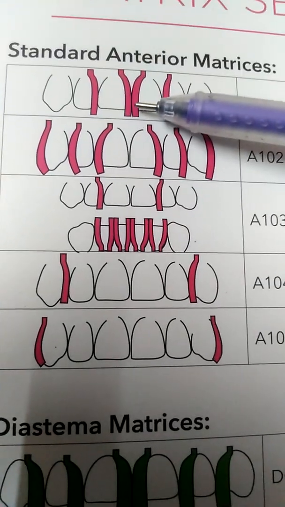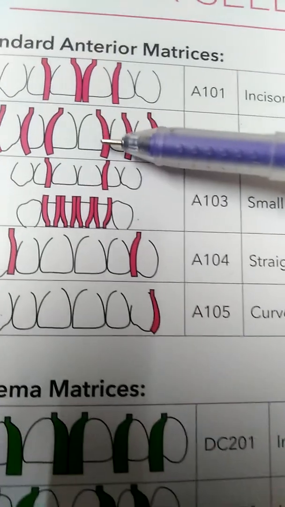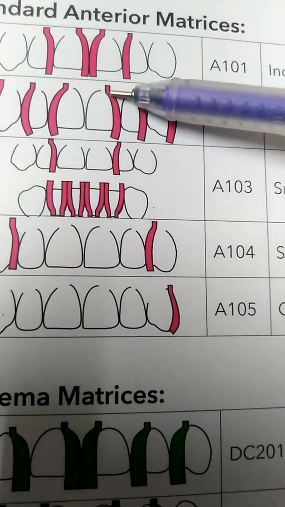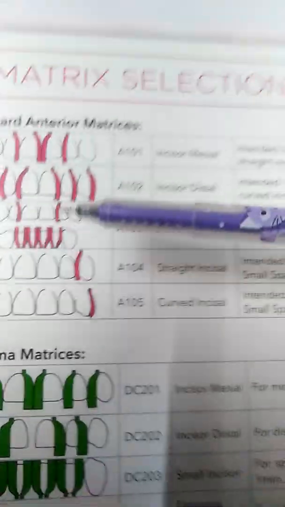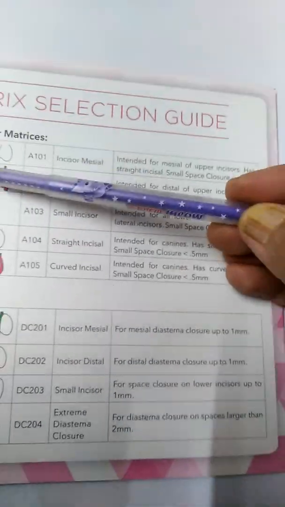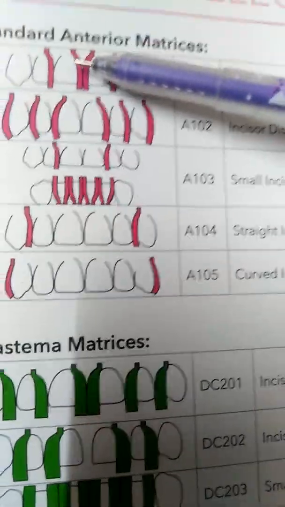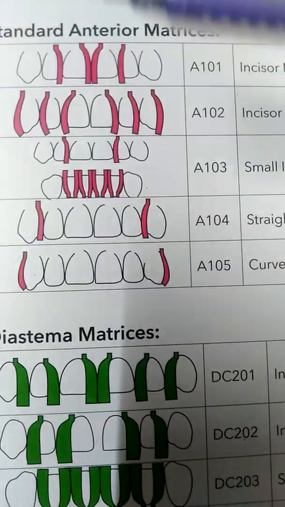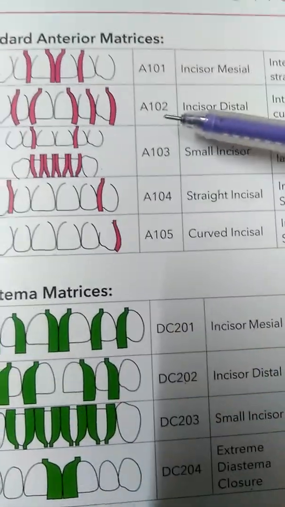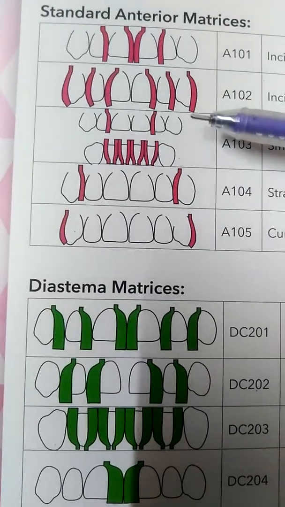With the A102, you can see that there is a distal curvature, so it is in a curved shape. That's the reason we use A102 for the distal and A101 for the mesial. A101 is indicated in between the two centrals and the mesial of laterals, and A102 for the distal of central, lateral and even canine.